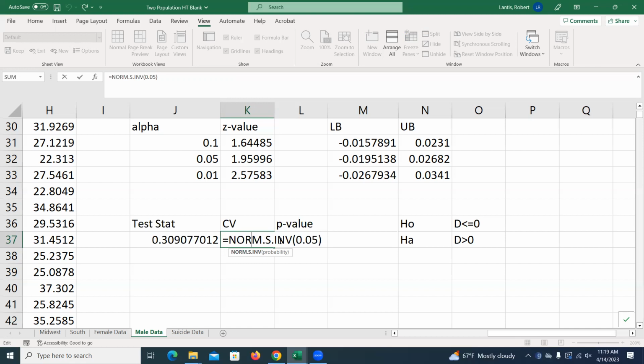Or, when I tell NORM.S.INV the probability, that's always the probability in the left tail. So if I want 0.05 in my right tail, what would the area to the left be? There's 0.05 to the right of this value, so the area to the left would be 0.95, right? Remember, the area under the curve is always 1.